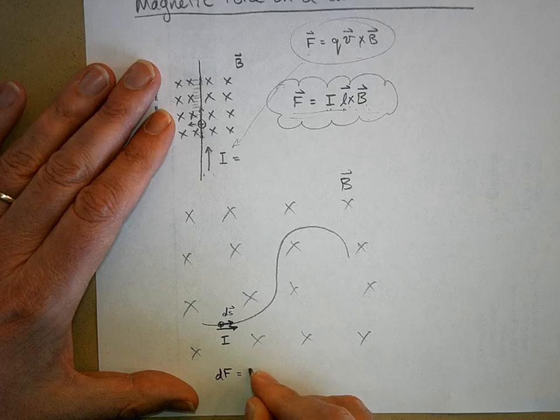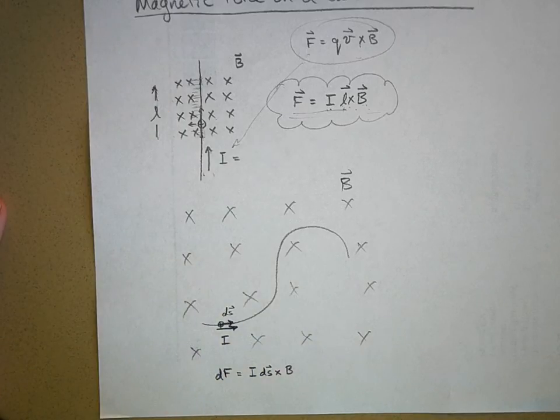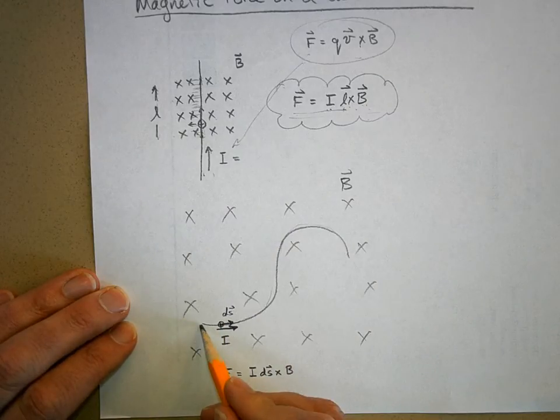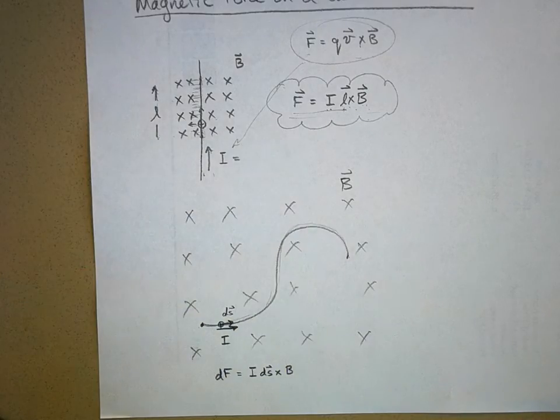It's dF = I ds × B. Now, to figure out the total force on this wire, if you start here and it's got current through it and maybe it ends here, you have to sum this all up.